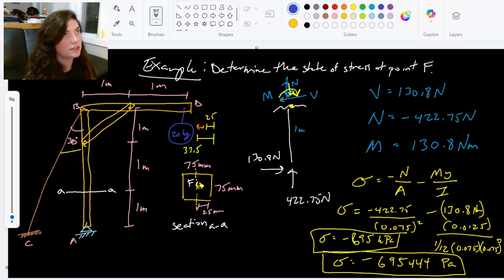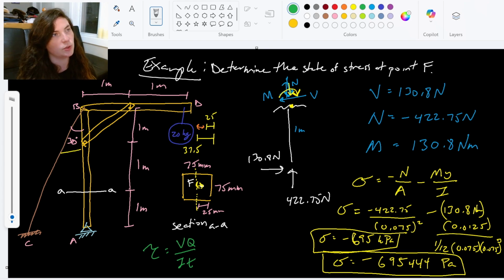So our last thing to do is going to be finding that shear stress. And for a shear that's just cutting through like this, we're going to use our transverse shear stress equation. We really only have two main options for our shear stress equation, and it's either this VQ over It, or if you have a torsional moment, that's when we would use torque times radius over polar moment of inertia.